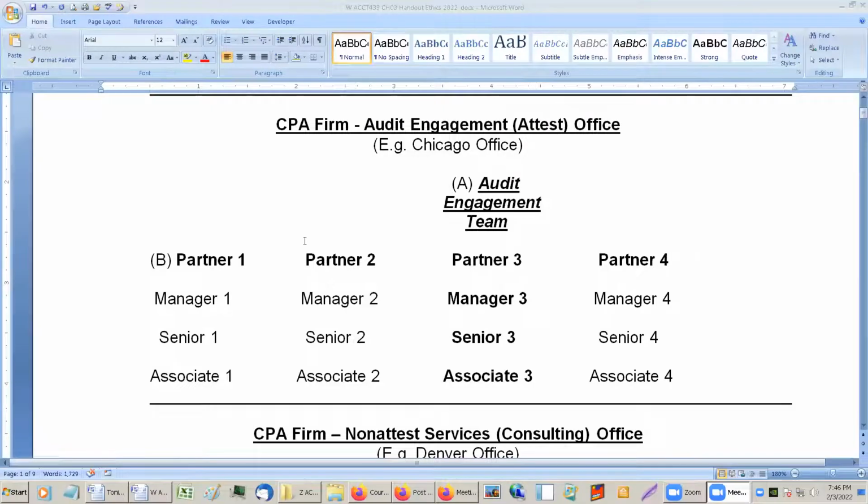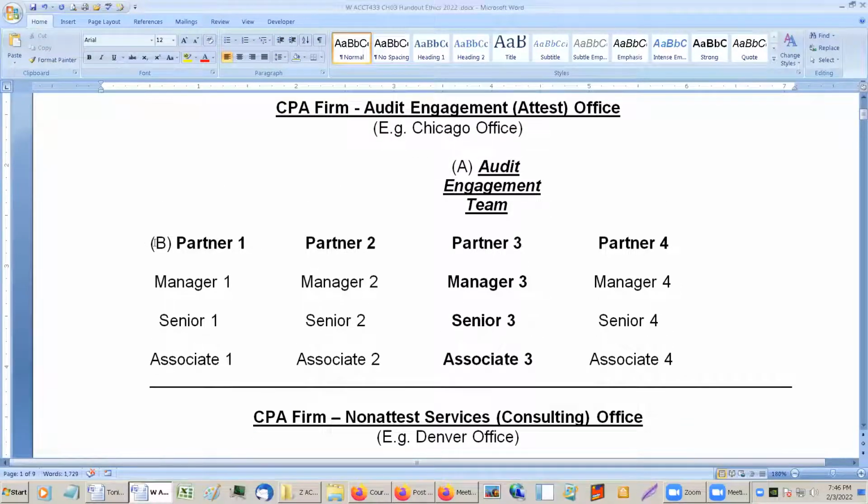Those people that are able to influence an audit are going to be held to a higher standard of independence than anyone else, right? If you're working on the audit, you're going to be held to a higher standard. So if you're auditing IBM, you're going to be held to a higher standard than other people who are still working for the CPA firm, but don't have any impact. Okay, so who is a covered member?